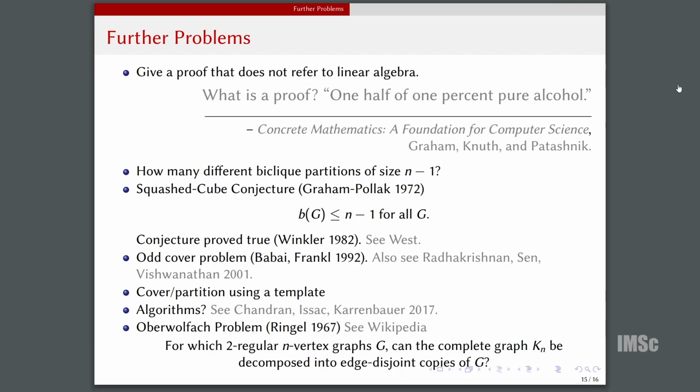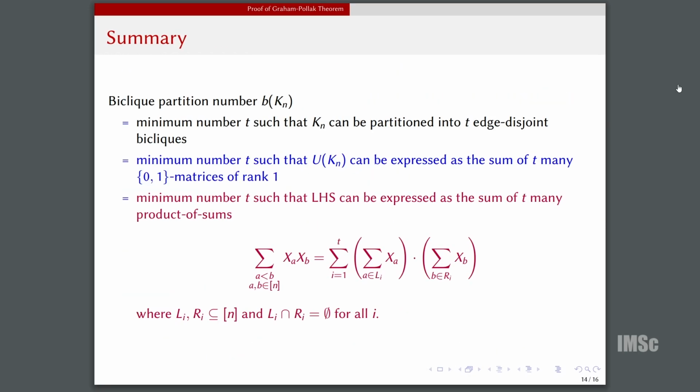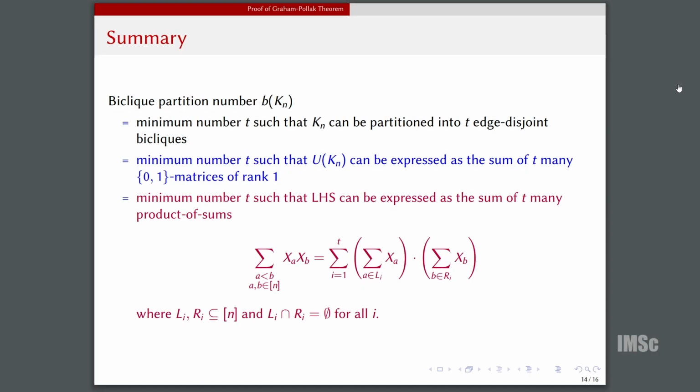Their approach to this problem is circuit complexity theoretic, and it starts with this definition. What you want to do is compute this left hand side, which is called a symmetric polynomial, using arithmetic circuits. And here the problem is minimizing this t.